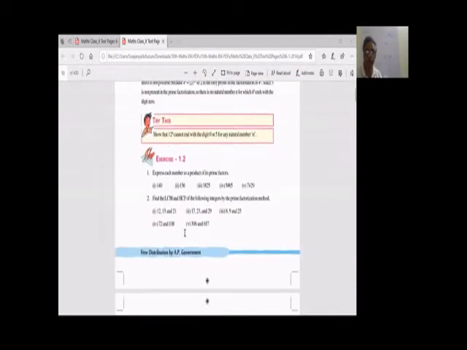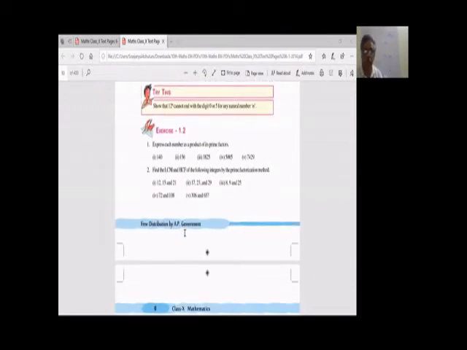Now we'll see exercise 1.2. Let us write the numbers as prime products. Let us see 5005. You know that it is divisible by 5 because the last digit is 5.